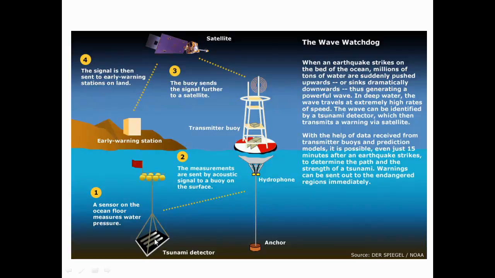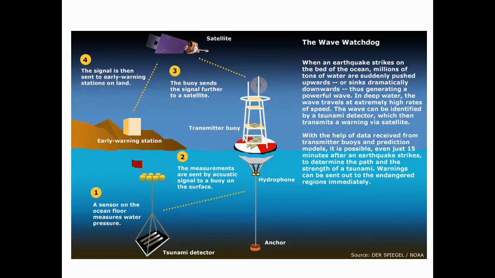From there, the measurements from this sensor are sent by acoustic signal to a buoy located on the surface, labeled 2. And then once that signal reaches the buoy, it sends a signal to a satellite, and from there the satellite sends a signal to an early warning station on land.